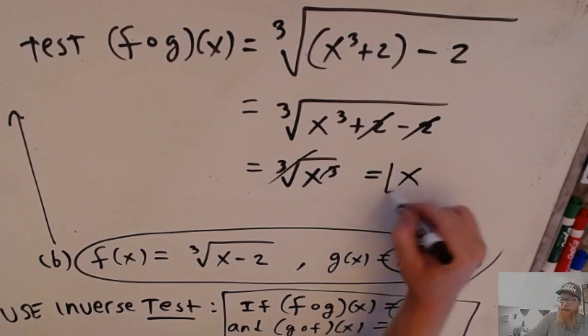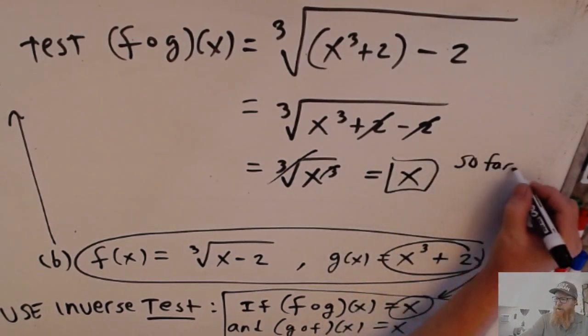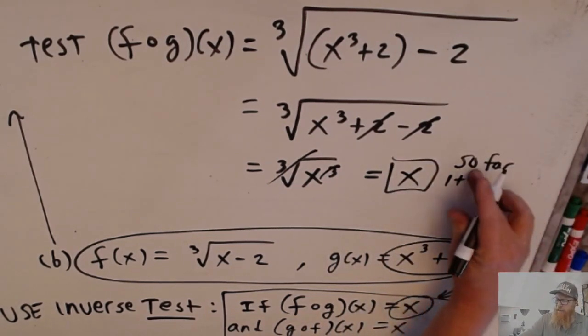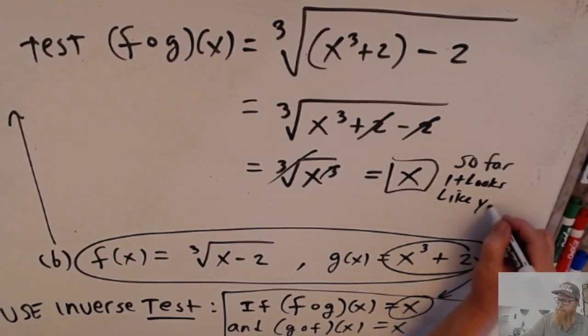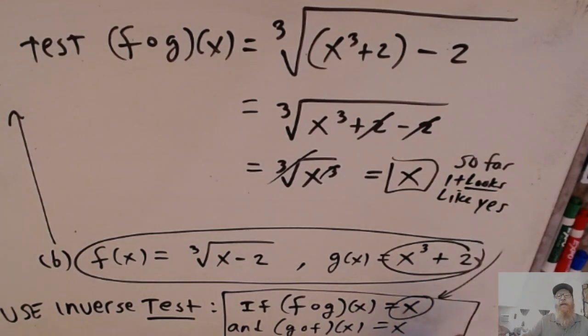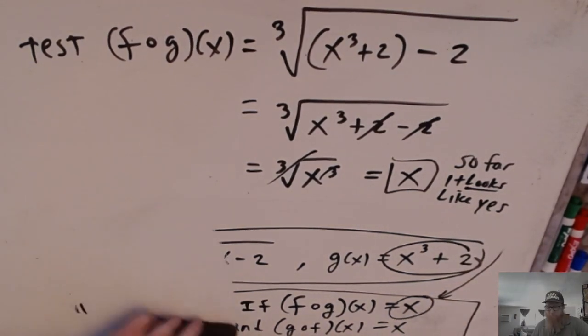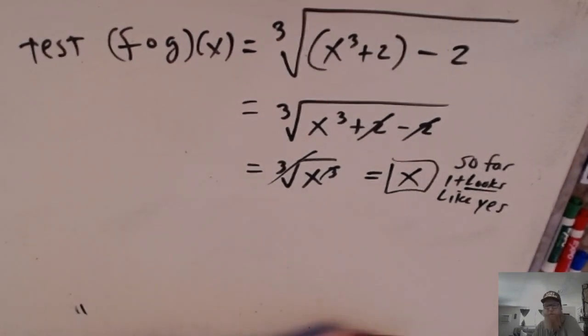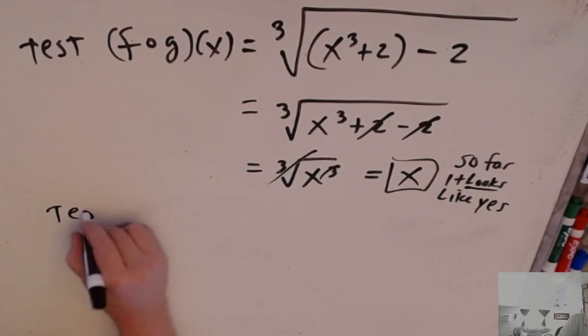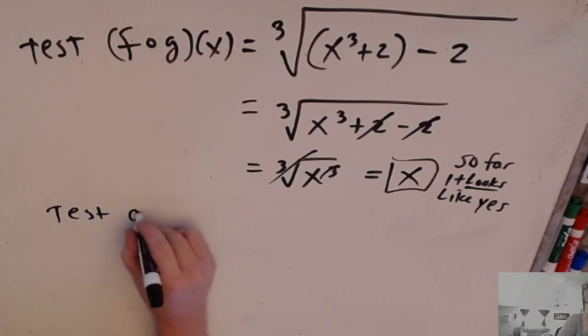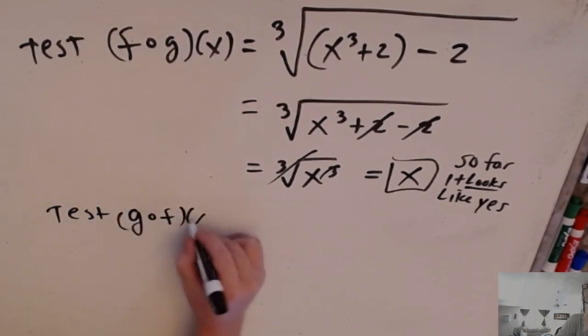That is just x. So far, it looks like yes. But you can't stop yet. Now you have to do the second test. It has to pass both tests. So if it passes the first test, then give it the second test, the g of f test.